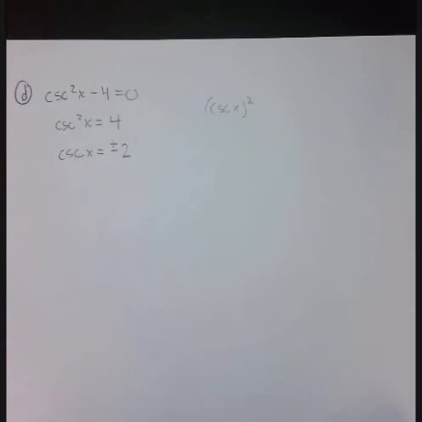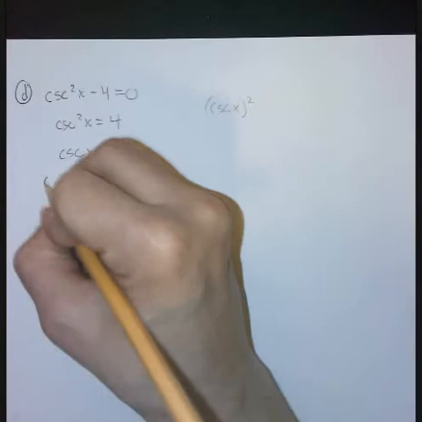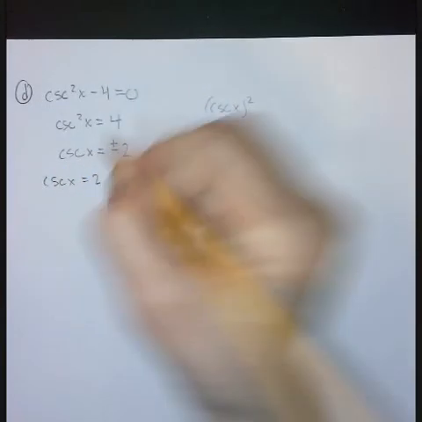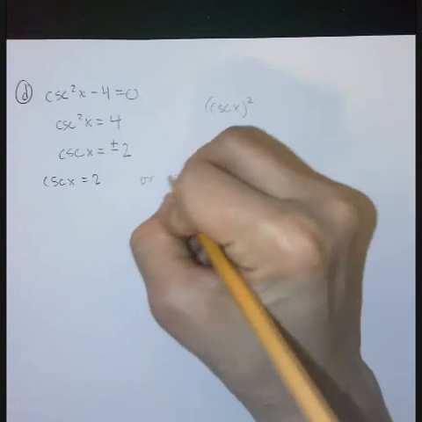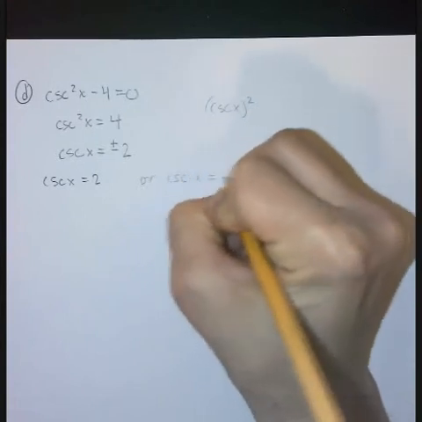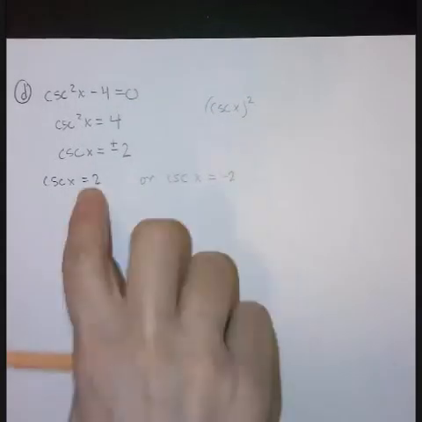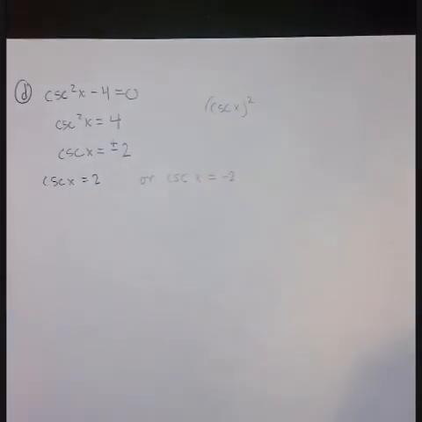So what's going to happen is we're going to have a solution in every quadrant if we take one trip around the unit circle, right? We got all the positive and the negative values.